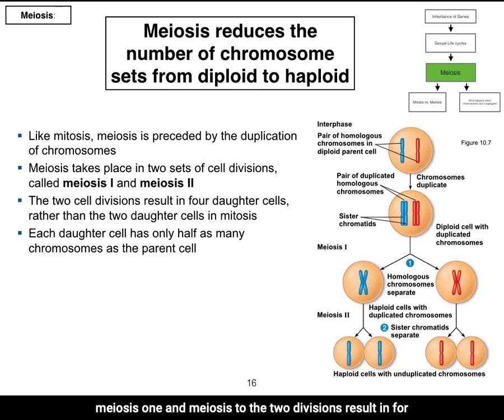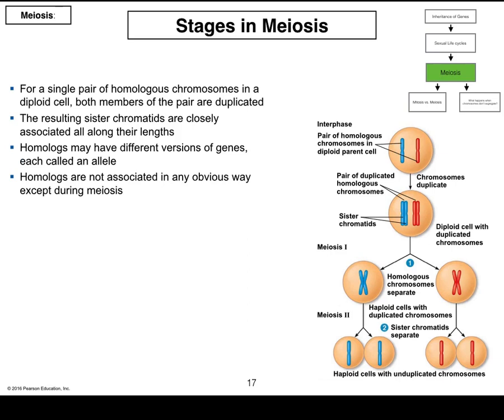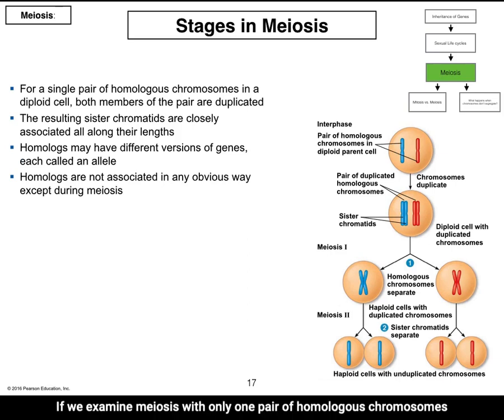The two divisions result in 4 daughter cells, unlike mitosis. Each daughter cell at the end of meiosis is haploid. It only has half as many chromosomes as the diploid parent. If we examine meiosis with only one pair of homologous chromosomes, as shown in the figure on the right, both individual pairs are duplicated.